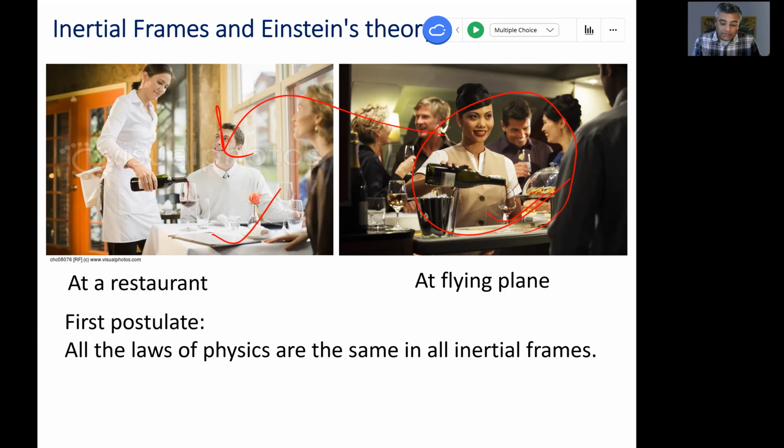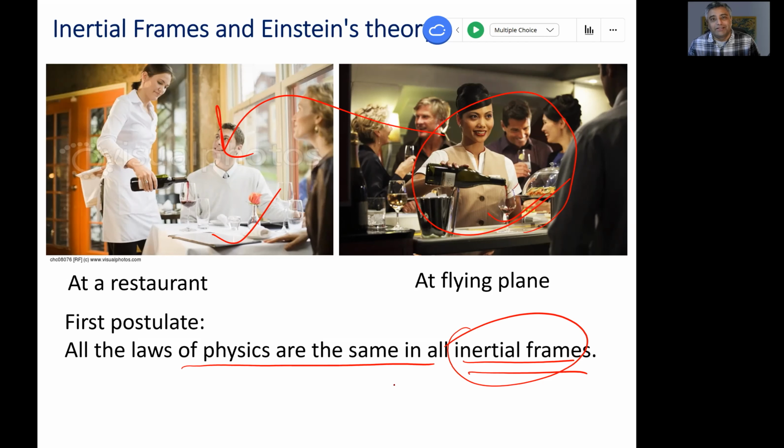The laws of physics are the same in all inertial frames. As long as they are inertial, that means the relative velocity is constant. So with respect to the ground, the plane is moving, let's say 600 miles per hour, constant all the time. In that case, that's the inertial frame.